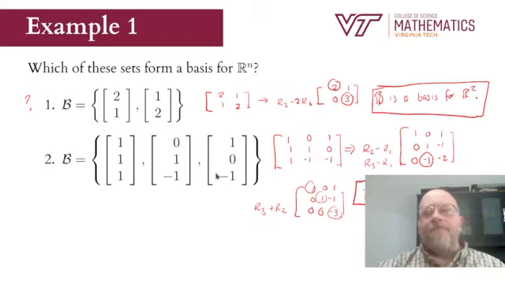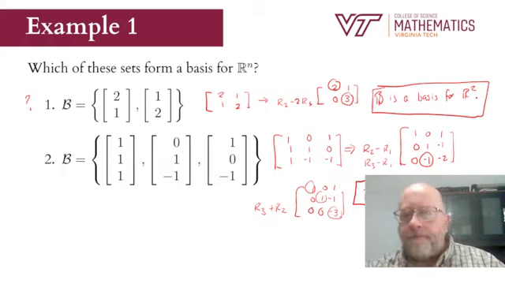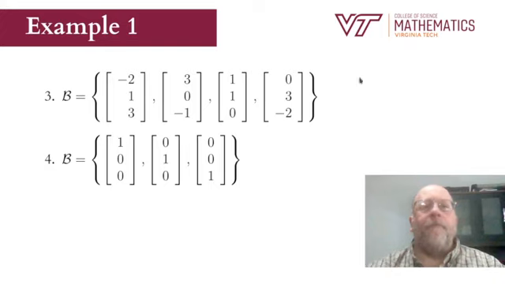Okay, let's do 2 more. All right, already I know that there's going to be a problem with number 3, because if I have 4 vectors, they cannot be linearly independent. I cannot have a leading entry in every column.